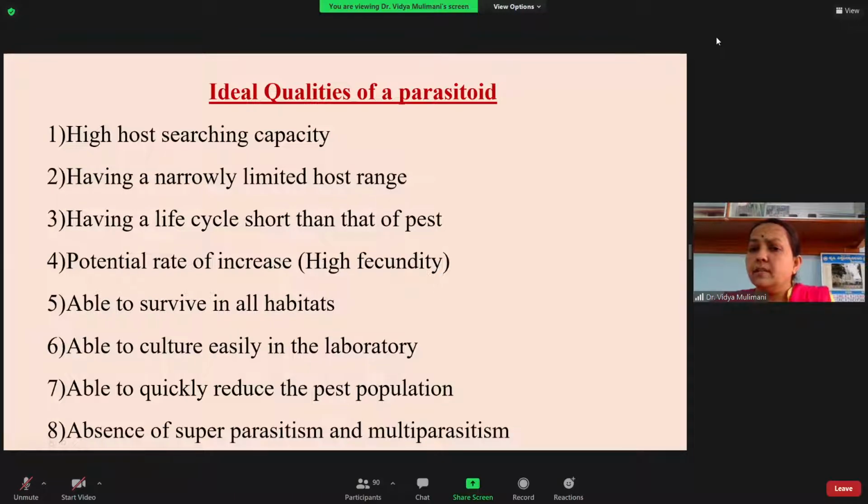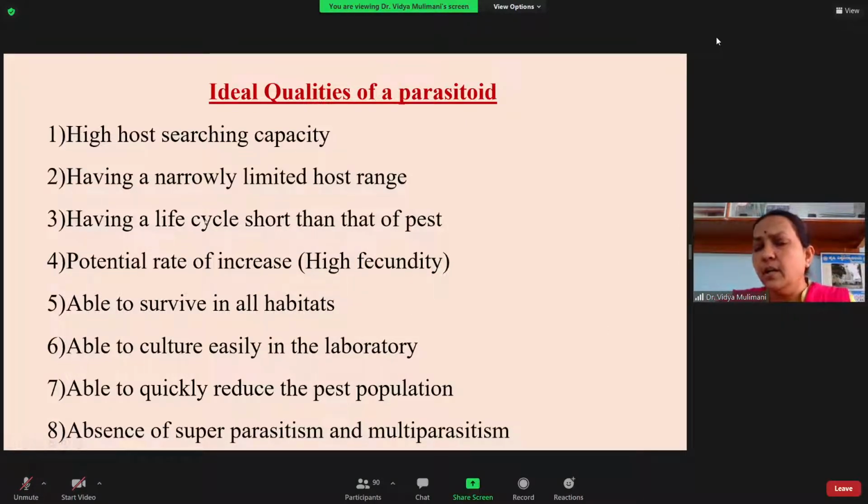Multiparasitism means many parasitoids belonging to different species are attacking the same host. A competition is set up, and some of them may be completely removed from nature. So super and multiparasitism should not be there. These eight points are very important.